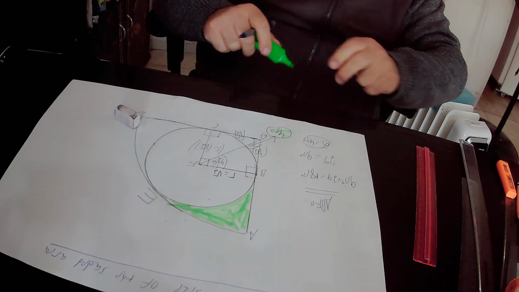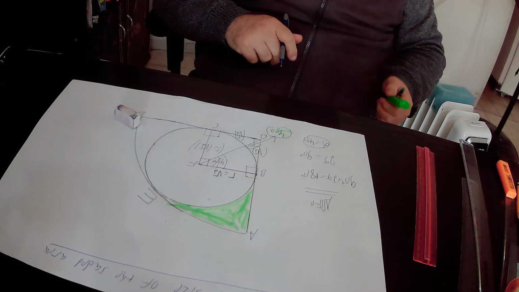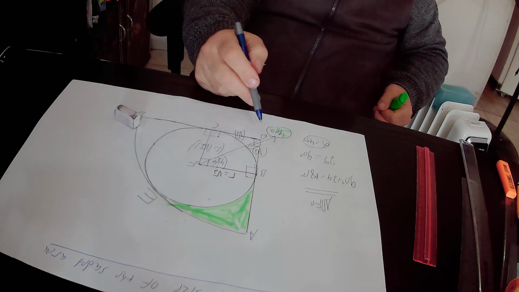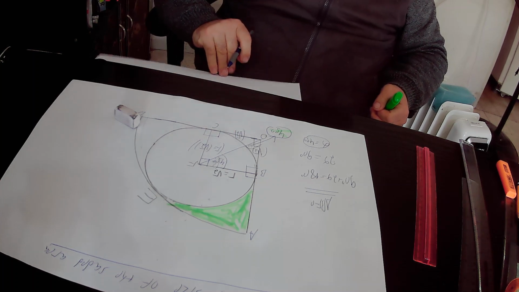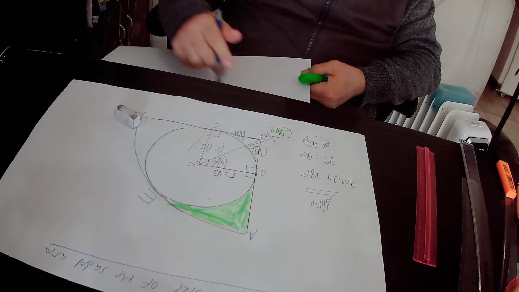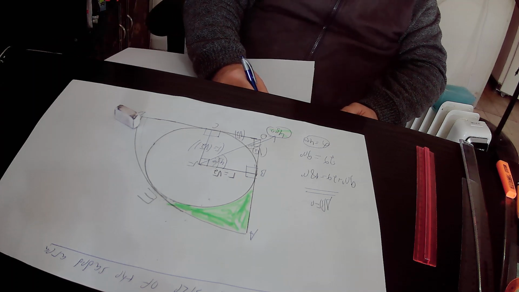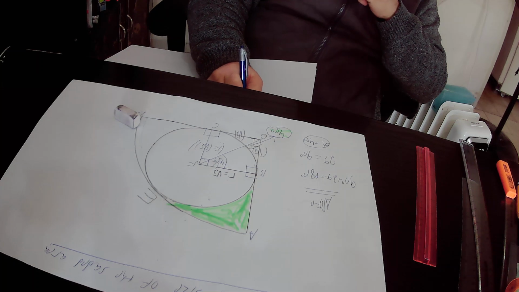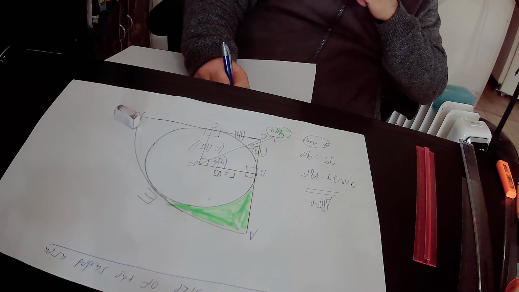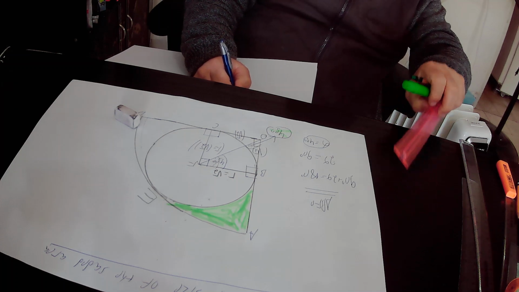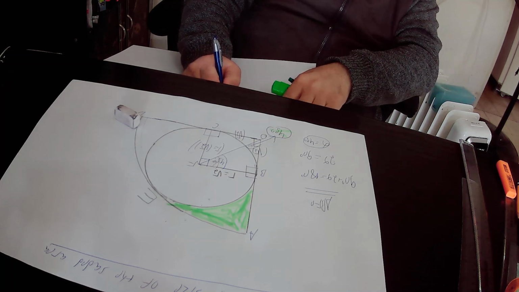In the next step, we will implement the Pythagoras theorem in the right triangle BFO. Here PT is the abbreviation for Pythagoras theorem. According to the Pythagoras theorem, in any right triangle, the square of the hypotenuse is equal to the sum of the squares of the perpendiculars.